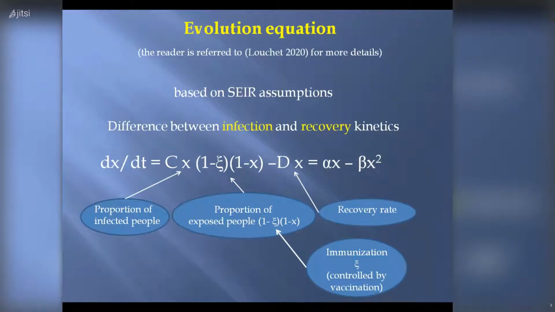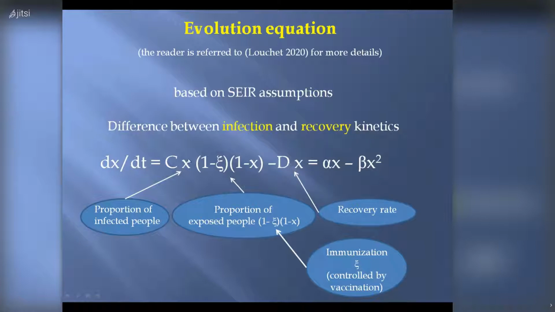The evolution equation, this is the equation here I derived last year. X is the proportion of infected people, and this is a differential equation, of course, which shows how this proportion of infected people, how X varies with time. The dX over dt, the derivative, is made of two different terms. Here on the left you have an infection term, and here on the right, a recovery term.